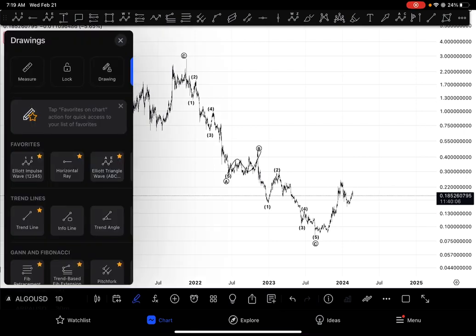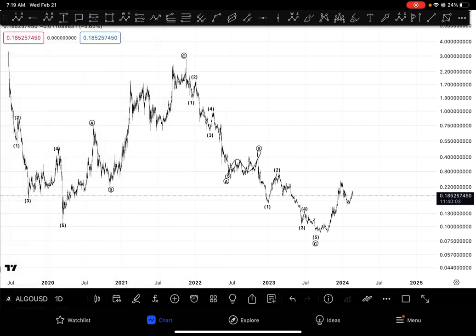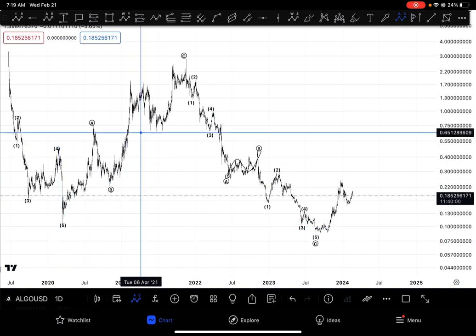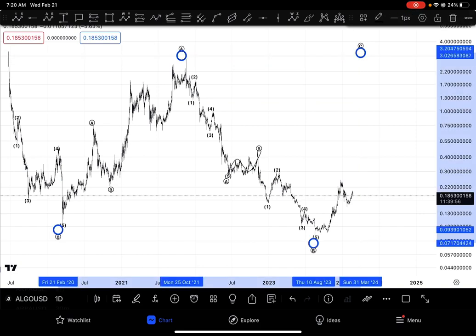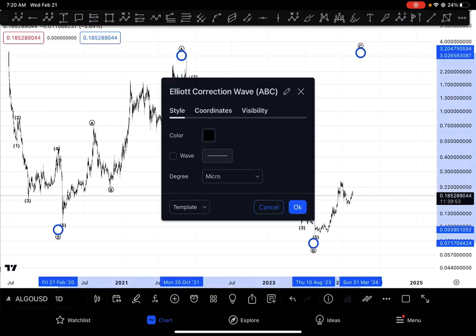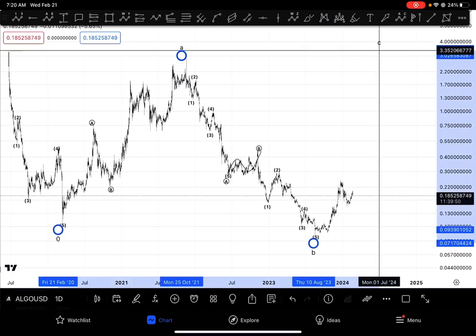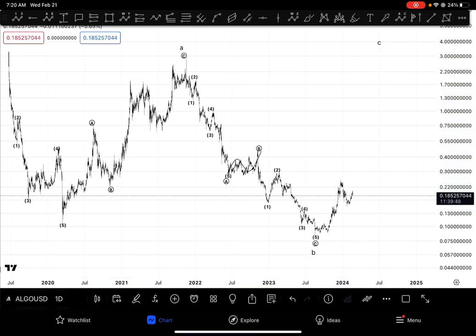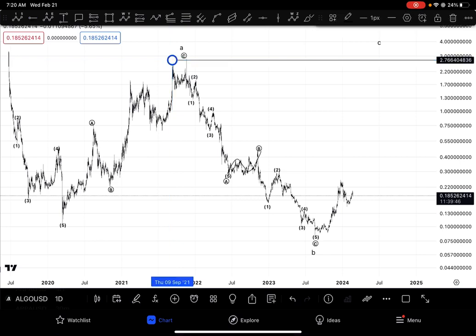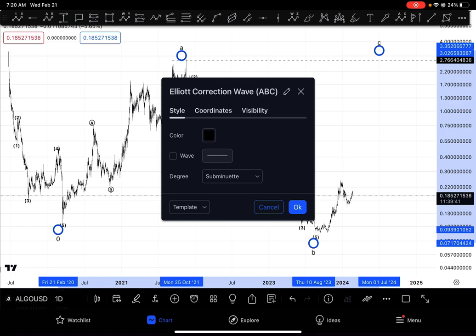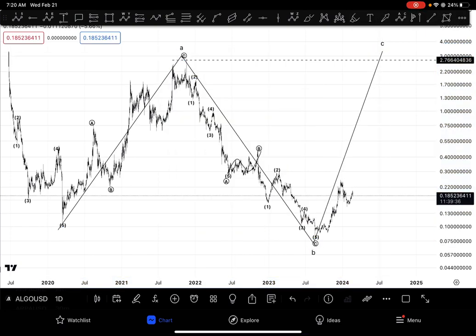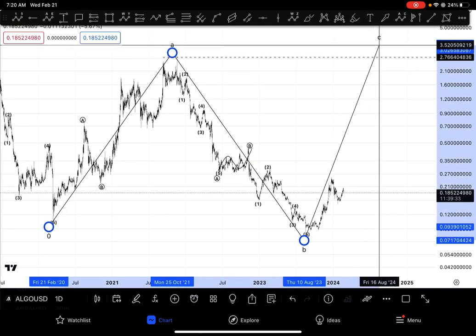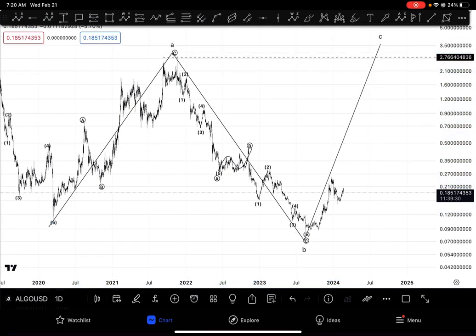So what this would create, in my opinion, is a macro A, a B, and then we come up for a C wave, sweeping these highs over here. Okay, it looks something like that. So at the peak of the market, I think it would sweep these highs over here.